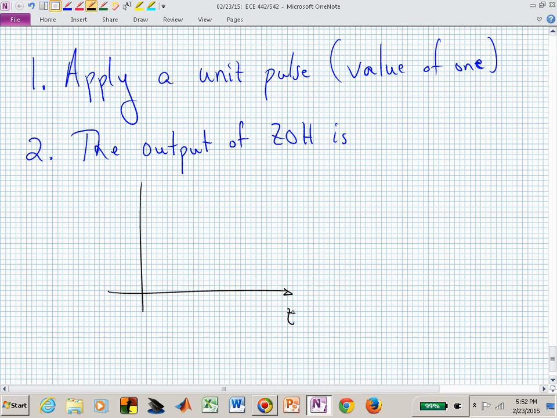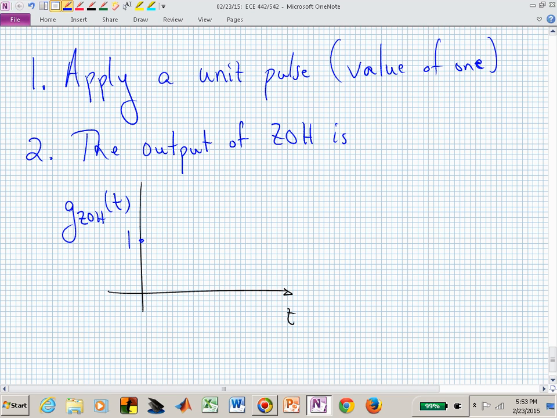Here's time. We're applying a value of 1. I'll call this g sub zero-order hold of t. That's the time domain response of this zero-order hold. And what do we know?